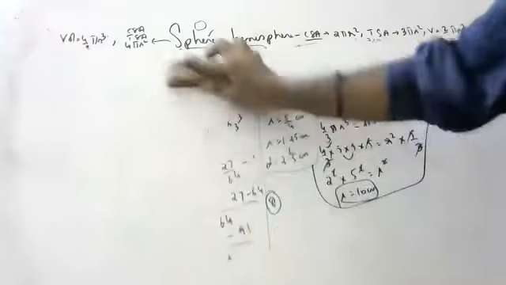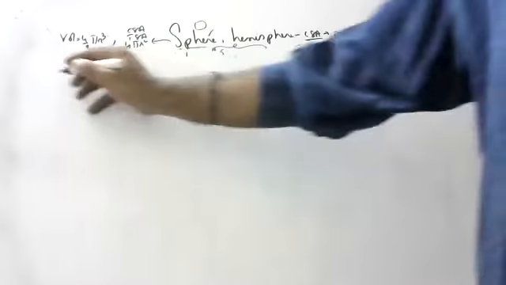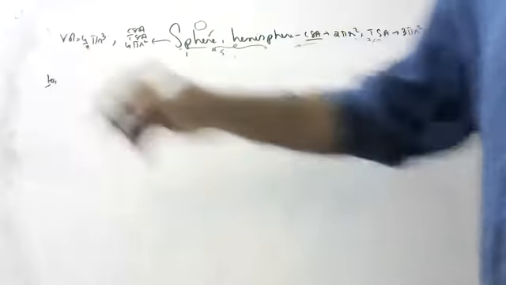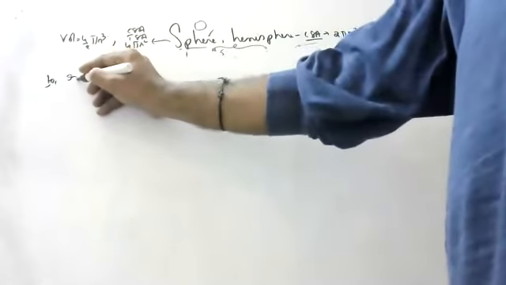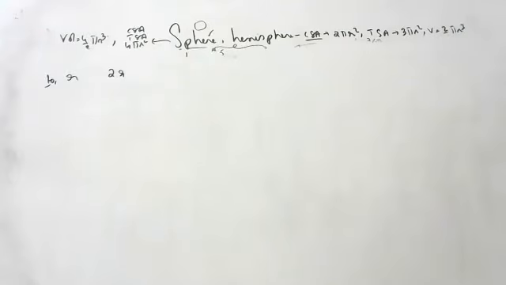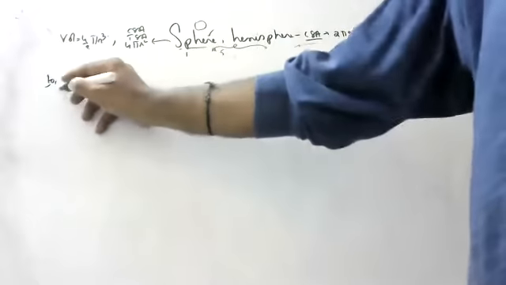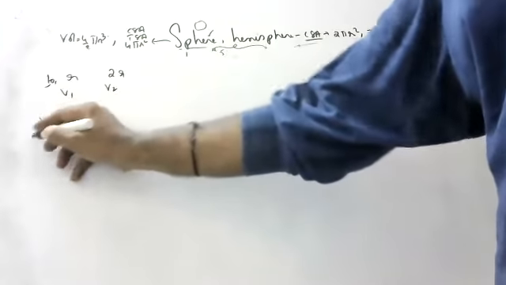Yes, sir. Yeah, Tanmay. See, question is very easy. Question goes like this: radius of sphere is doubled. Originally it is r, now it is becoming 2r. What is the ratio of volume of first sphere to second sphere? Volume of first sphere by volume of second sphere.